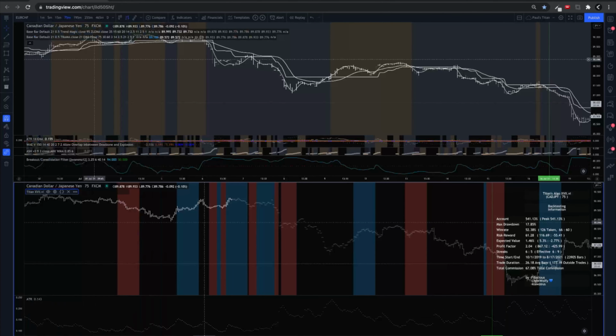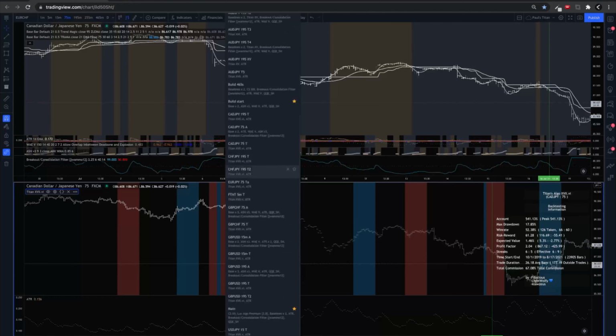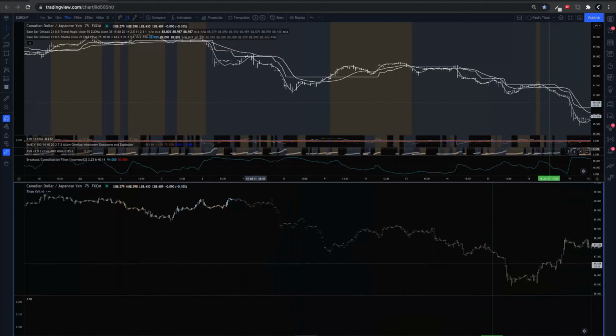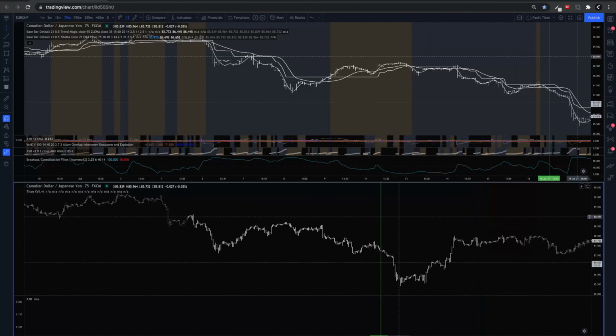Okay, so when that happens, we got to go back and grab CAD GIPI 75T. Come on, TradingView.